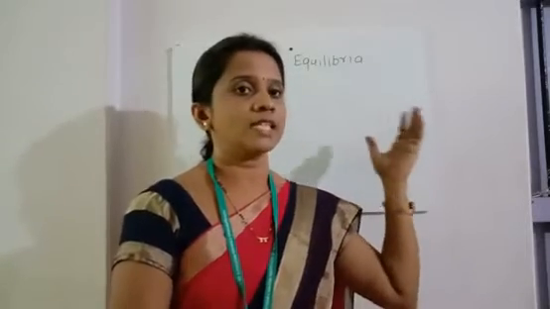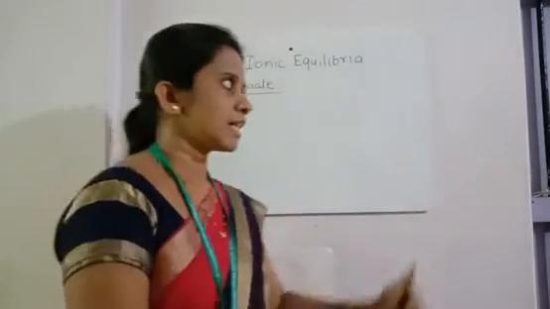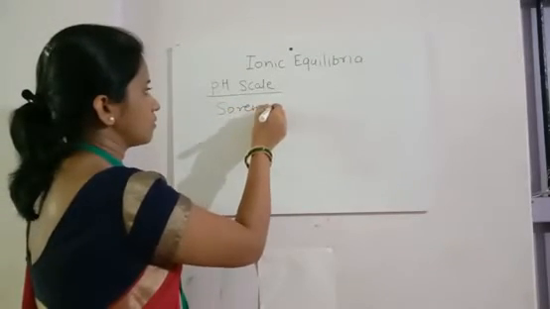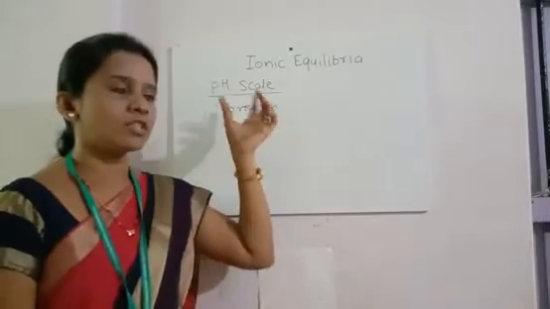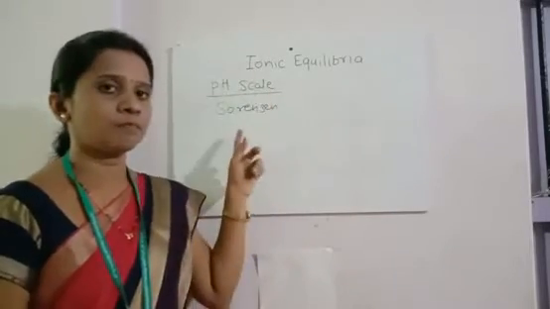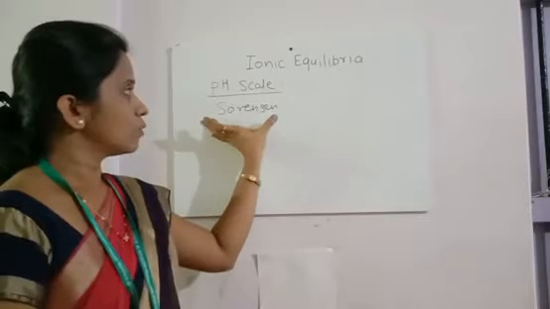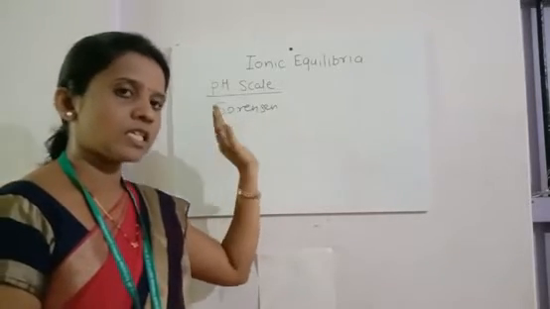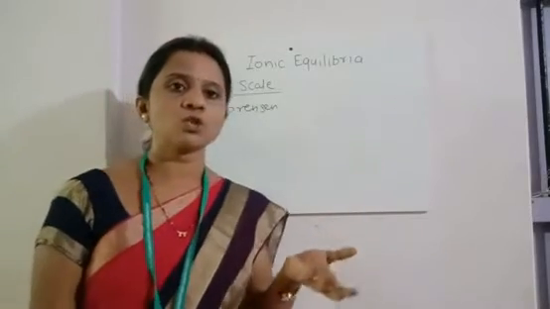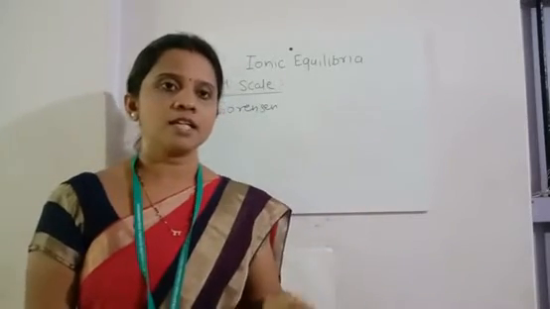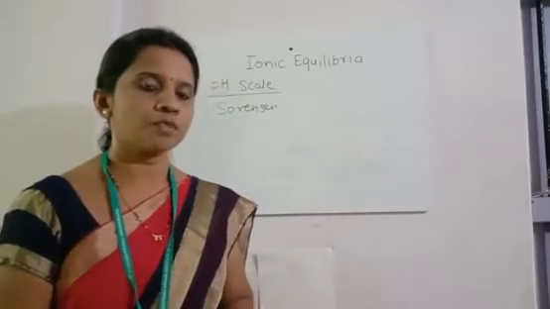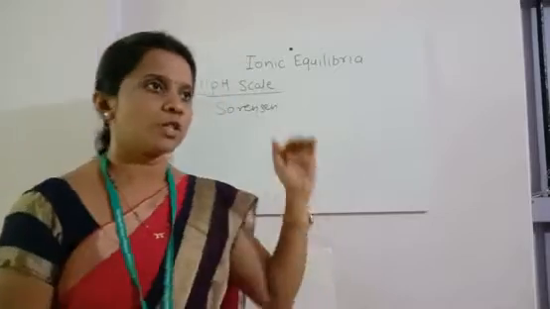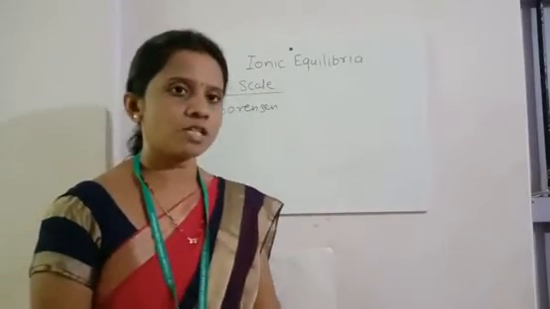So what exactly does pH mean? The scientist Sorensen introduced this pH scale, and what he described is that instead of writing concentrations of H3O plus ions in mole per decimeter cube, we can take logarithmic calculations to determine the pH of a solution.